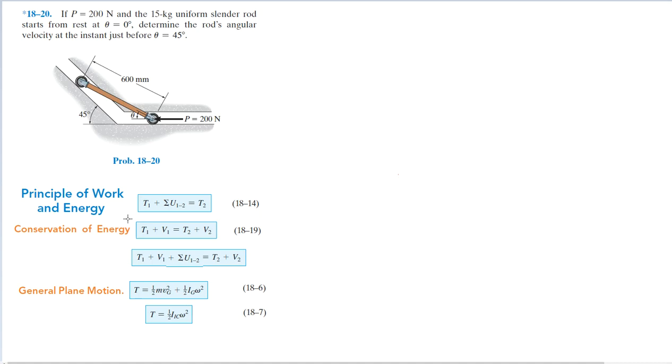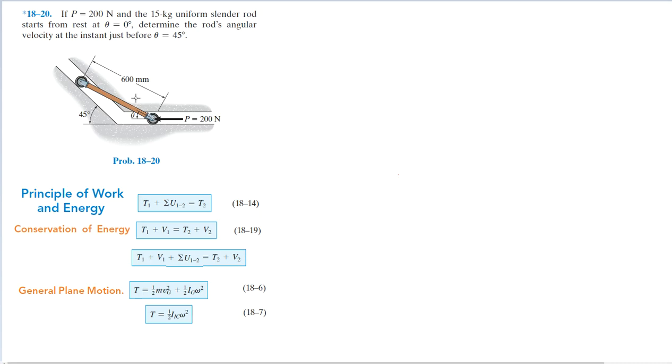The rod performs a general plane motion. Its kinetic energy is translational kinetic energy of the center of mass plus rotational energy of the rod about the centroid, or we can use instant centers to calculate the total kinetic energy.